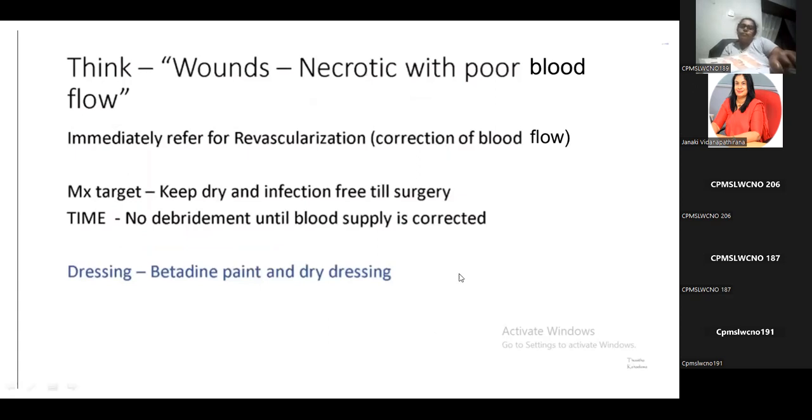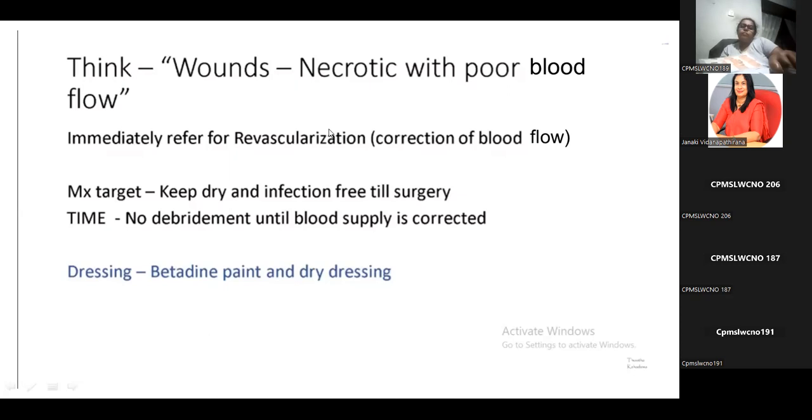So a wound necrotic with poor blood flow, basically what you should do is immediately refer for revascularization. What is your management target? Keep it dry and infection free till surgery.